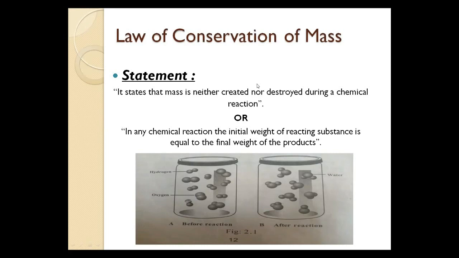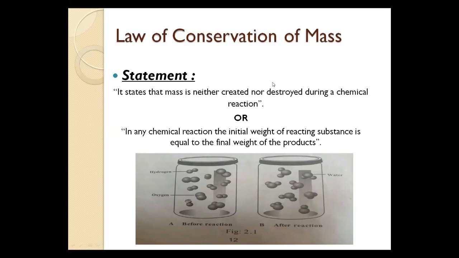Because of rusting, it gains weight. In the rusting reaction, iron reacts with oxygen. When they react together, iron rust is formed. Then the weight increases because oxygen from the air or atmosphere reacts, but actually it has the same weight as the iron.